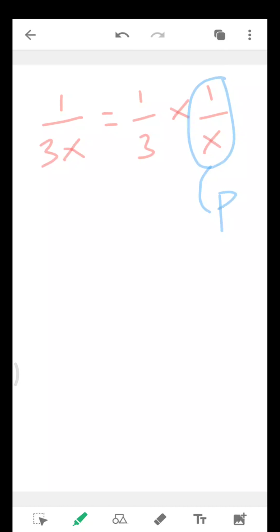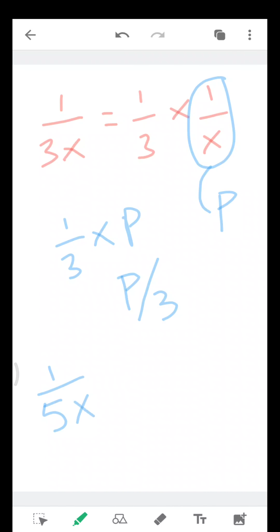If I assume this 1 by x as p, it becomes 1 by 3 into p, and that will be p by 3. So this is the thing which you have to remember. If I have say 1 by 5x and 1 by x is p, it becomes p by 5. It goes on like this.